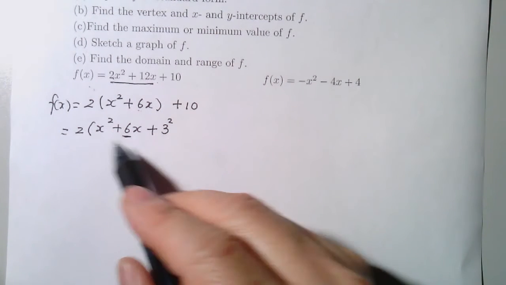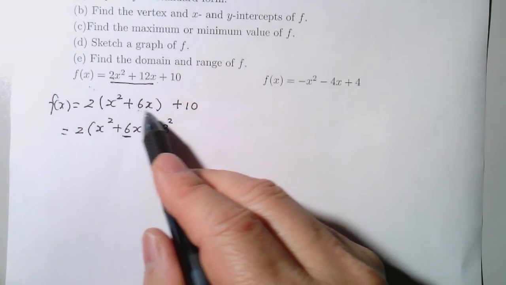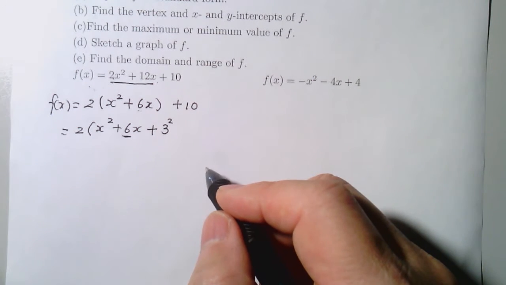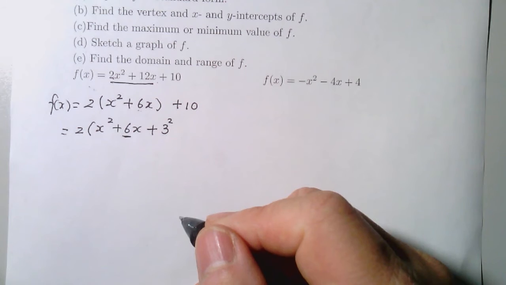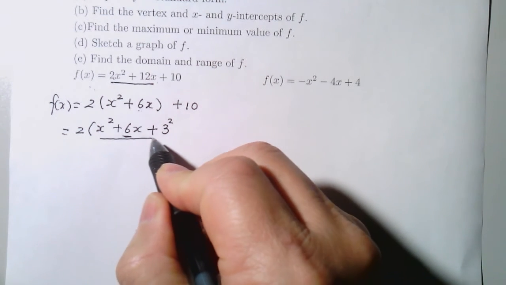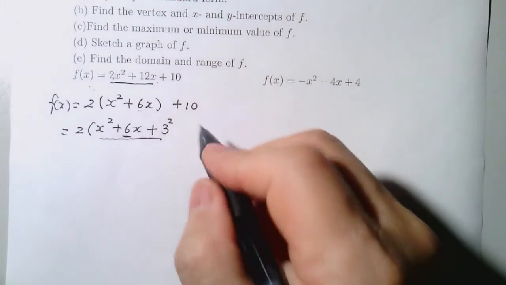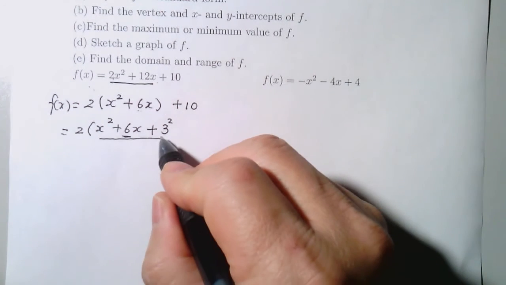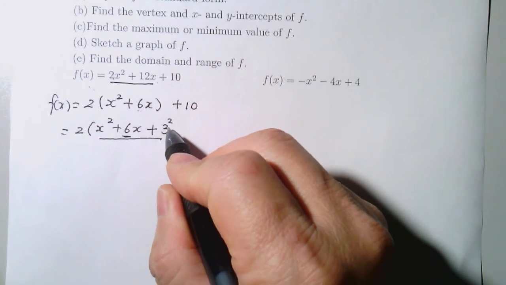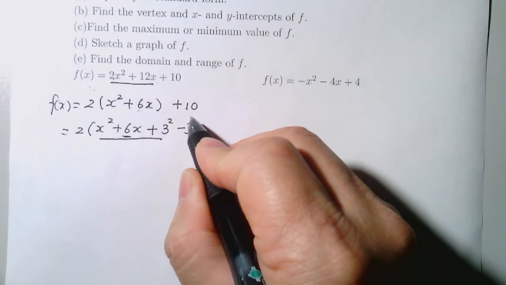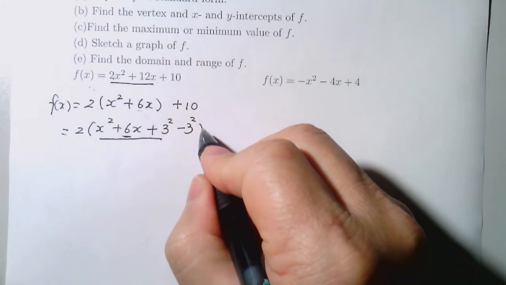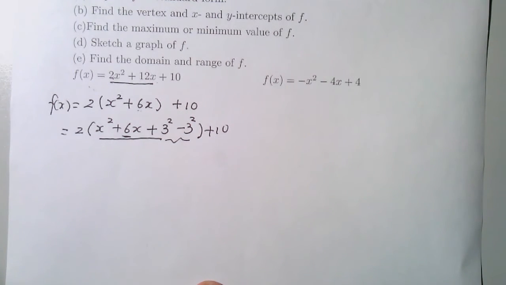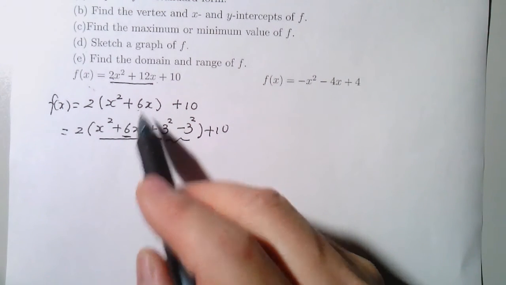But since we add 3 squared, if we don't do anything, we change the function. Of course, you don't want to change the function. You want this as a perfect square. So if you don't want to change the function to a different function, when you add a number, which is 3 squared, you have to subtract the same number. If you cancel these two numbers, it's still back to the original function.